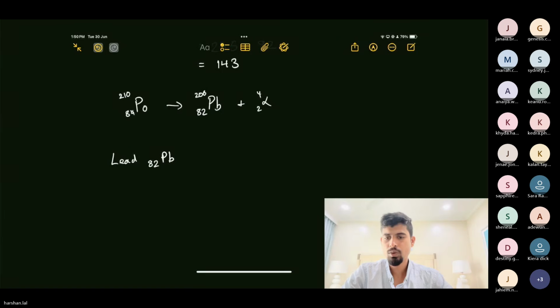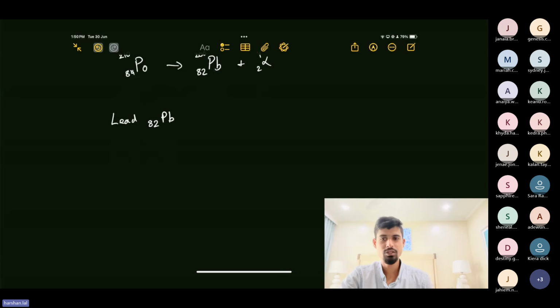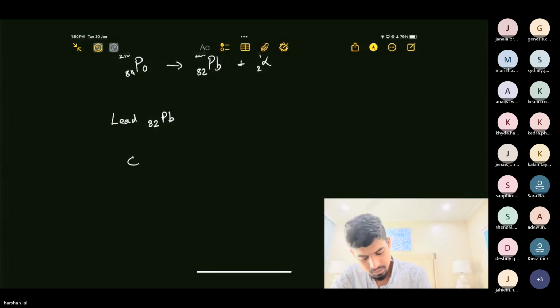Now, let's take an example we did before, right? Carbon-14, as we saw, is radioactive, and it's used in carbon dating, right? So let's say we have carbon-14 that has an atomic number of 6 that decays to nitrogen.